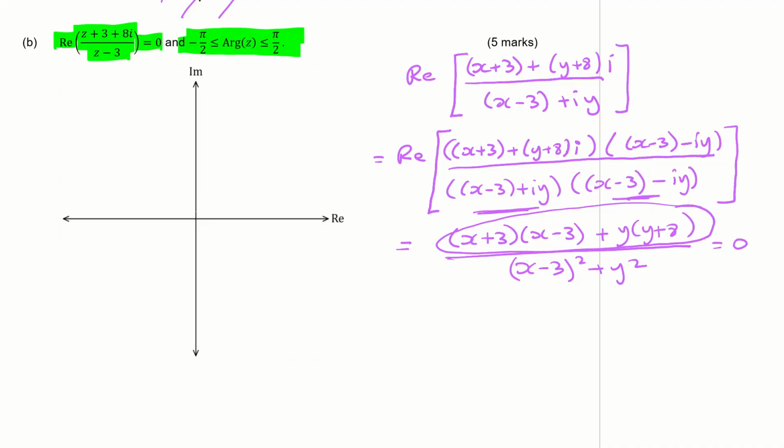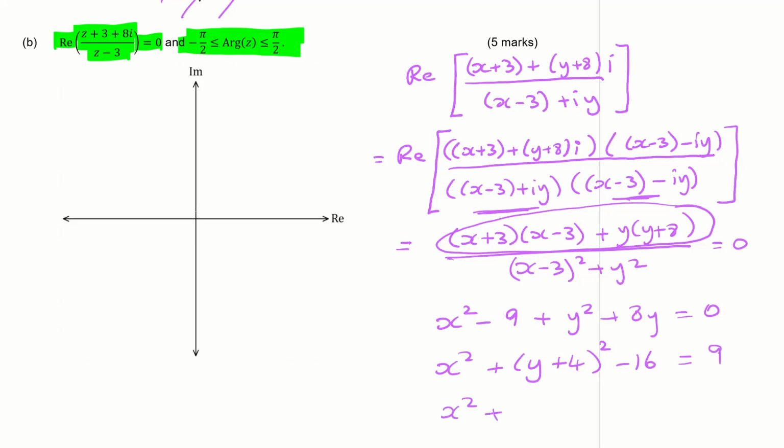And if we expand that out, we get x squared minus 9 plus y squared plus 8y is equal to 0. So that is x squared plus y plus 4 squared take away 16 is equal to 9. And so x squared plus y plus 4 squared is equal to 25.